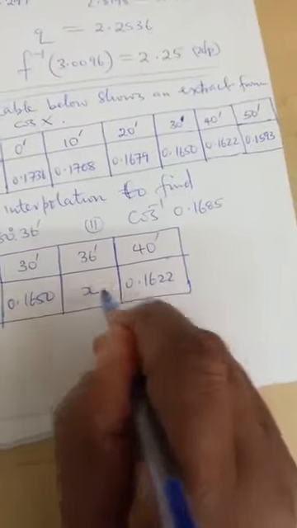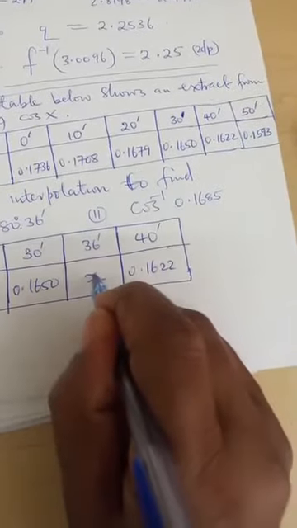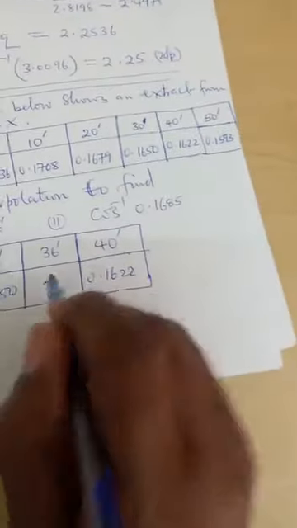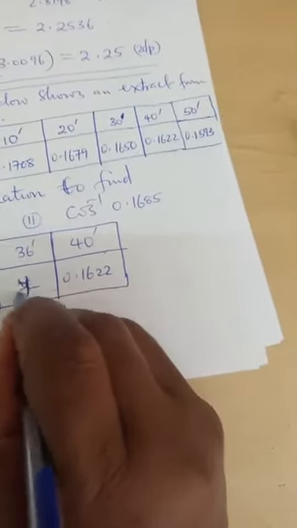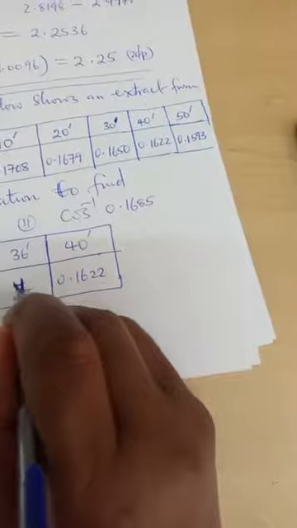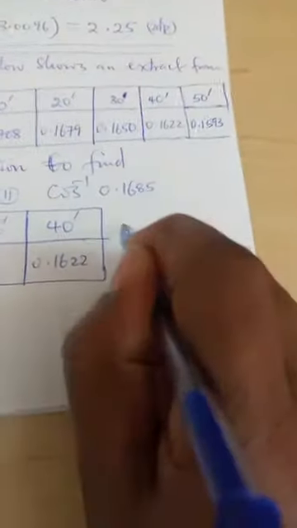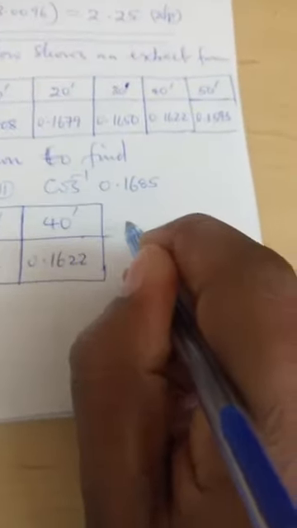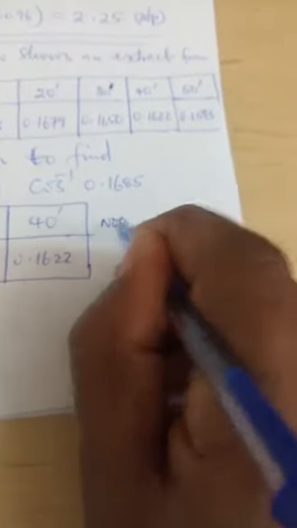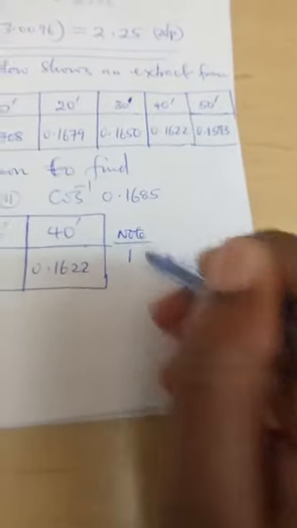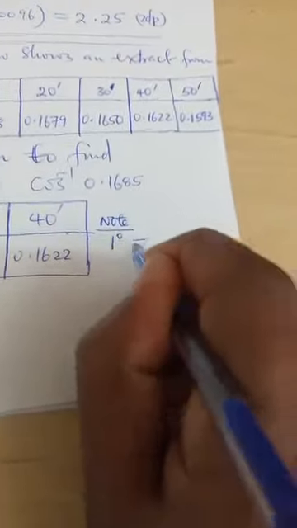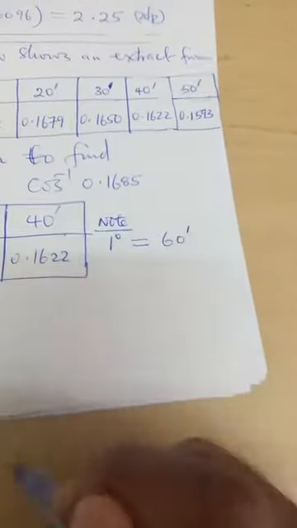And this, I can call it x, okay, doesn't matter. But since we have this x, it is always advisable to use a different letter that does not clash with already given letters. Note one thing that I must emphasize here is that 1 degree is equal to 60 minutes.